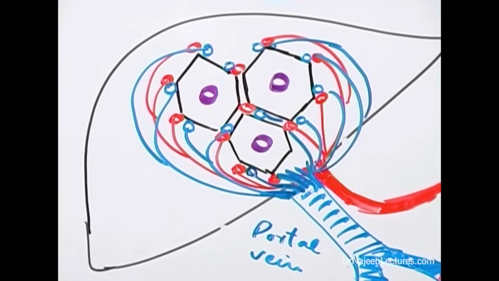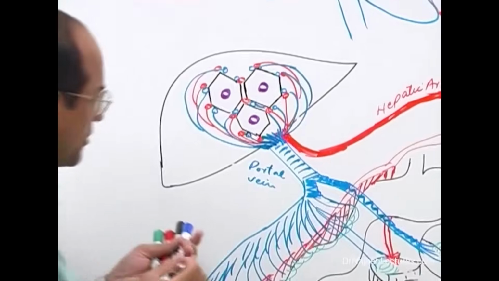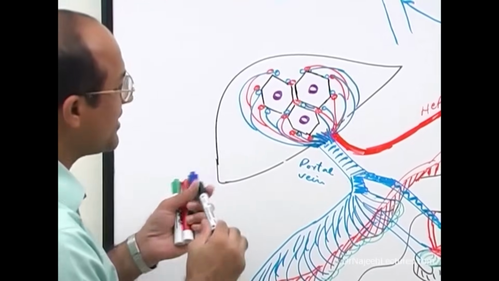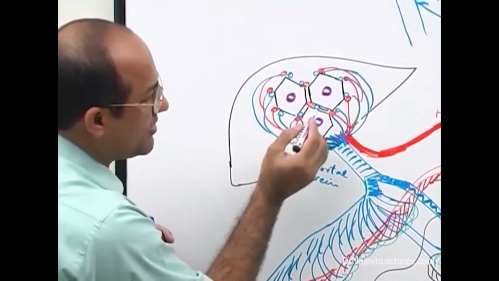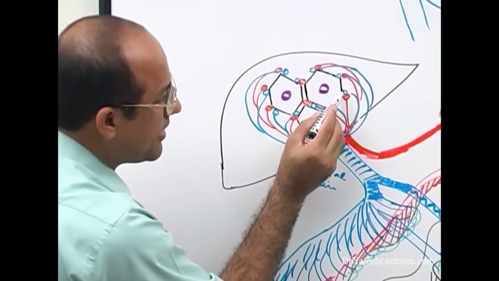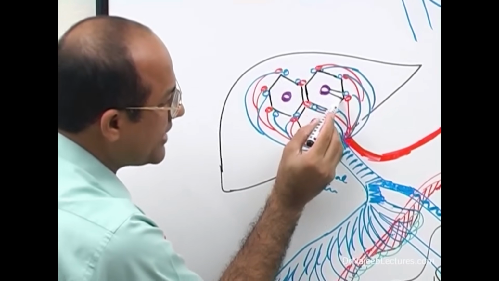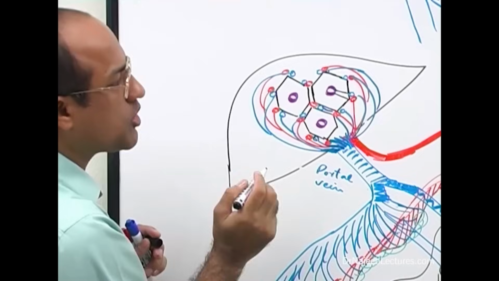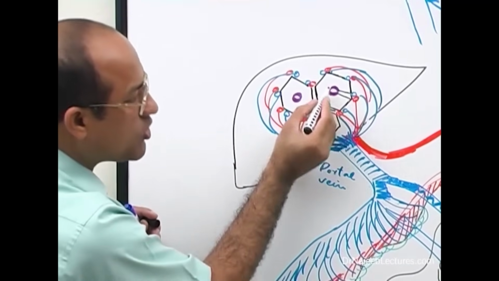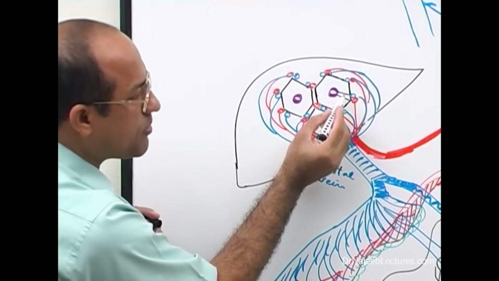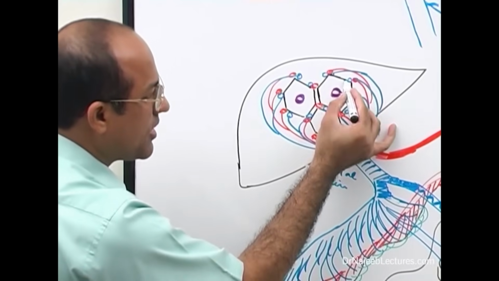Central vein. Now look at it, so beautifully designed. From these corners, there are capillaries, and because these are wide bore capillaries, we call them sinusoids. Sinusoids extend from the corner to the center in every lobule.